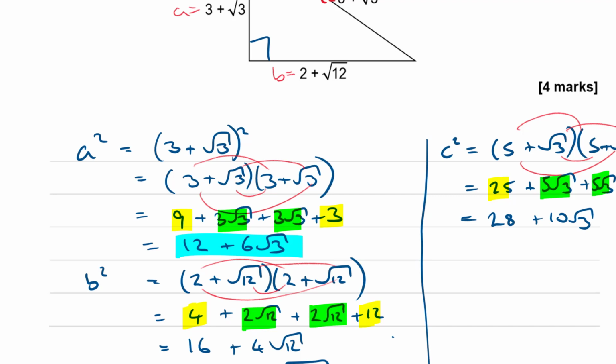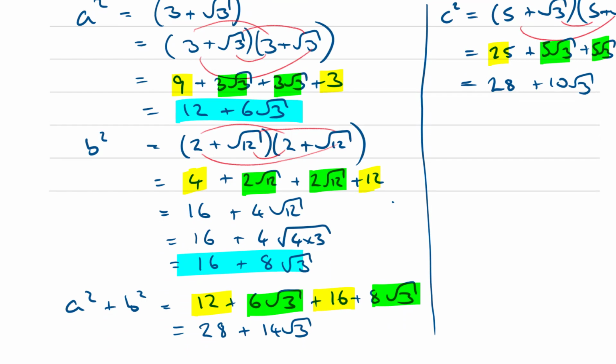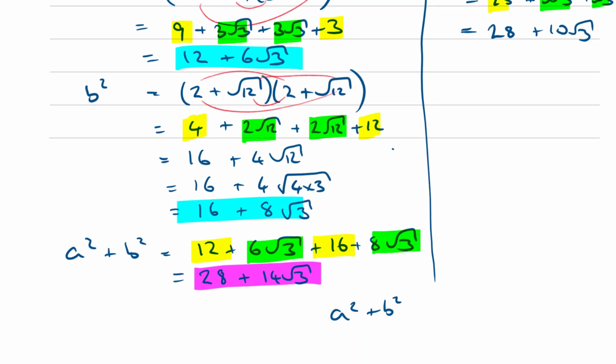Okay, so we're in a position now that we can compare these. So I had a squared plus b squared, and I found that that was equal to 28 plus 14 root 3. Now, is that the same thing as c squared up there? No, it's not the same, is it?